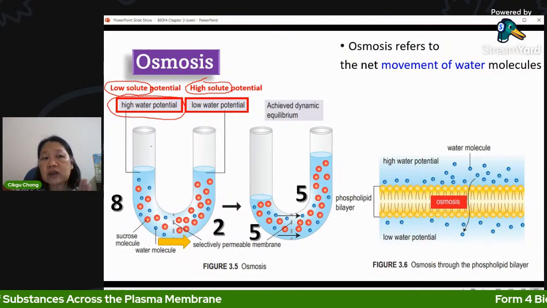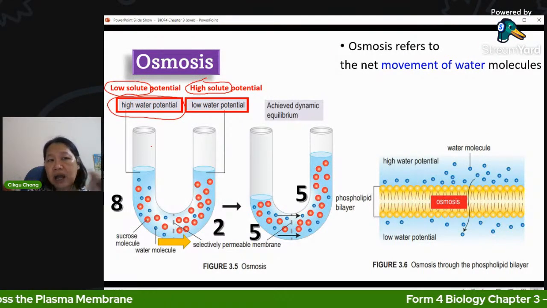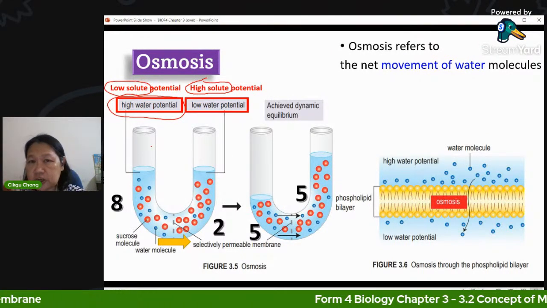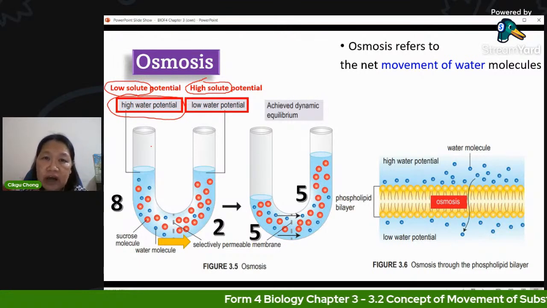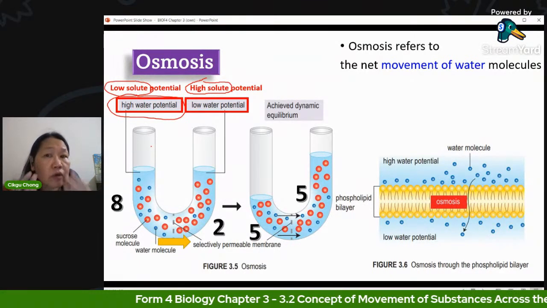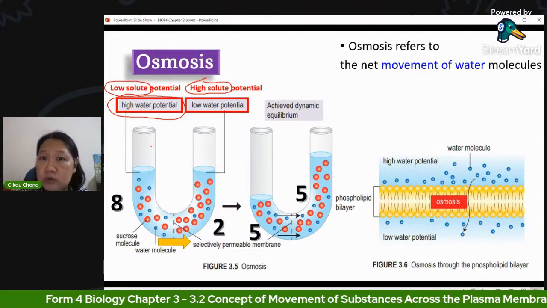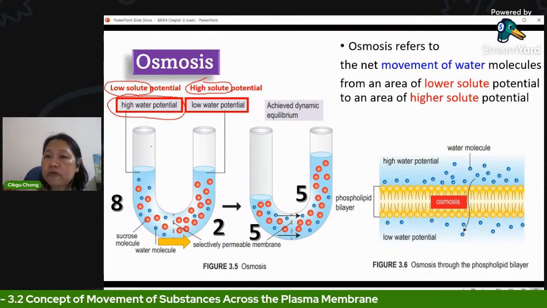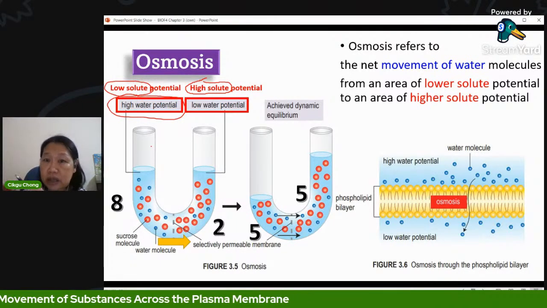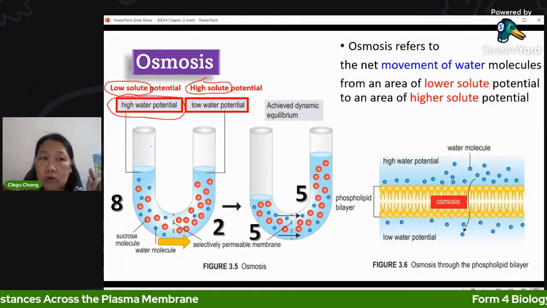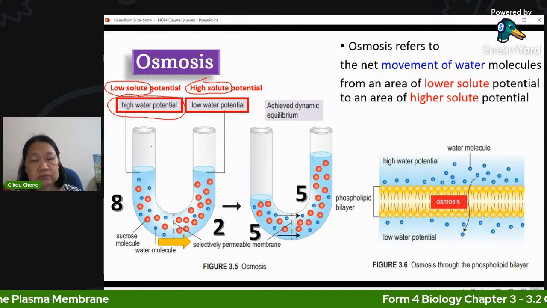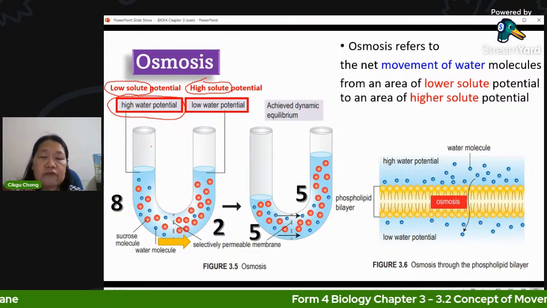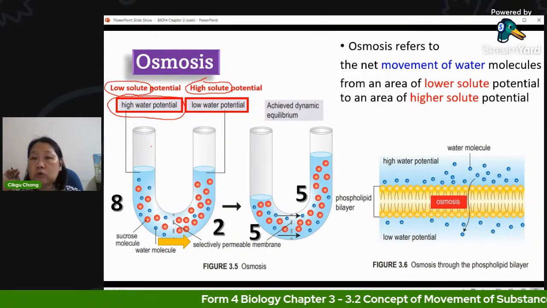So instead of talking about high water potential to low water potential, I can also modify my definition of osmosis by using the solute word. I can use this definition: the net movement of water molecules from a region of lower solute potential to a region of higher solute potential.